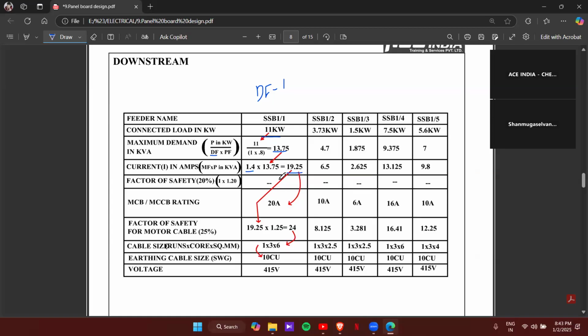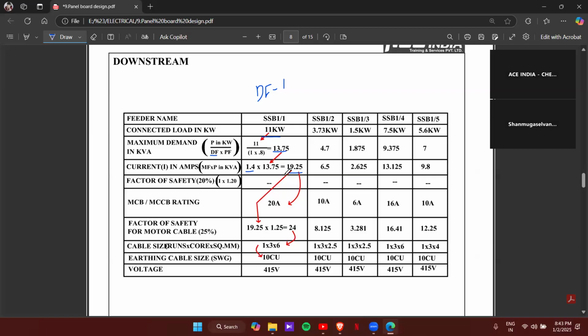C-class MCBs are used for motor loads, because whenever the pump or a motor is starting, it will take starting current. So if you use a normal B-class MCB in the motor panel, the starting current will be considered as extra current, and it will always go to trip condition whenever you turn on the motor. The C-class MCBs have the capacity to carry the extra current. It will not identify it as a false current. So that's why here we don't take factor of safety 20%.